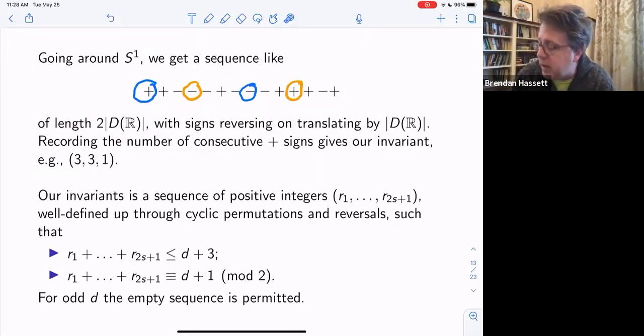And then we record these in this sequence of numbers, 3, 3, 1. The 3, 3, 1 correspond to, well, I have these 3 elements here, and let's say it corresponds to this.